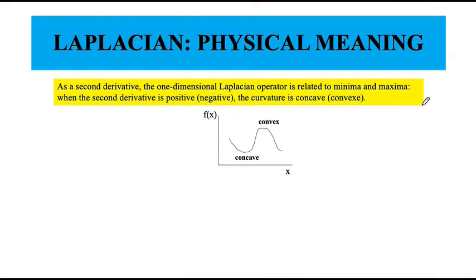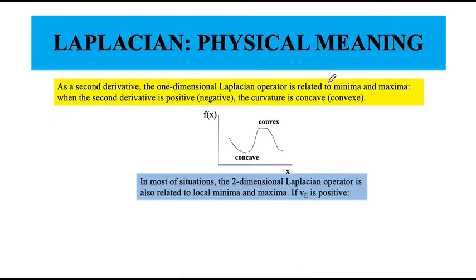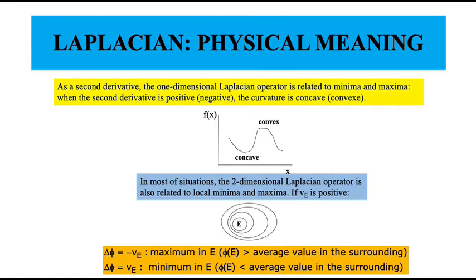If it's negative, it's convex. In most situations, the two-dimensional Laplacian operator is also related to local minima and maxima. Okay, and if this is negative, it's a maximum. If it's positive, it's a minimum. Okay, so this is the physical meaning of the Laplacian.